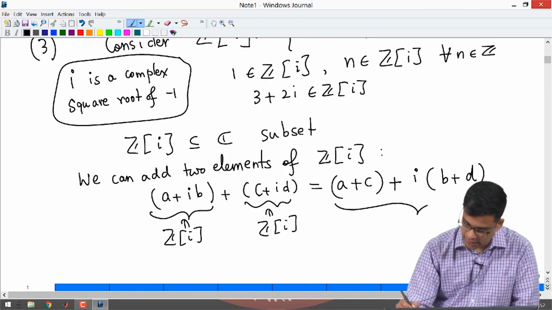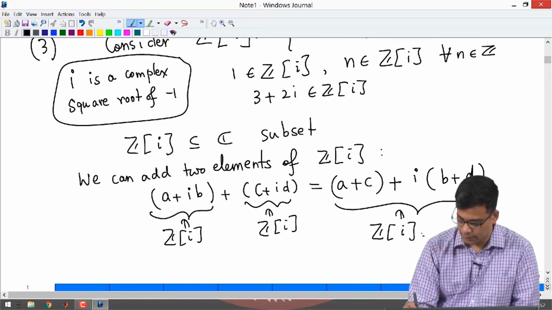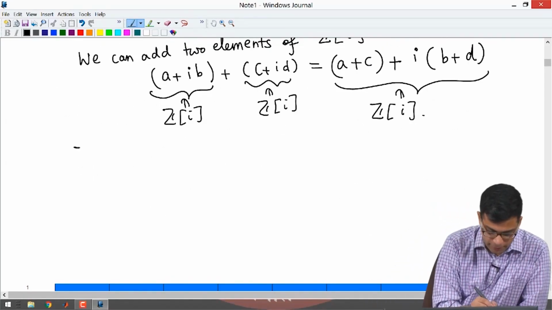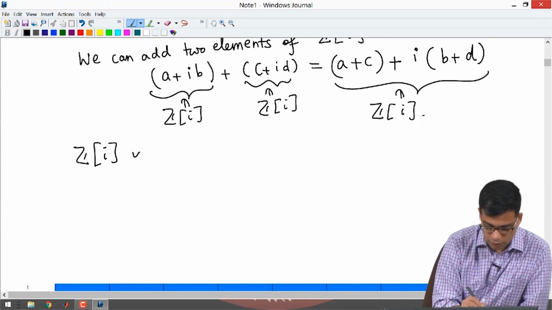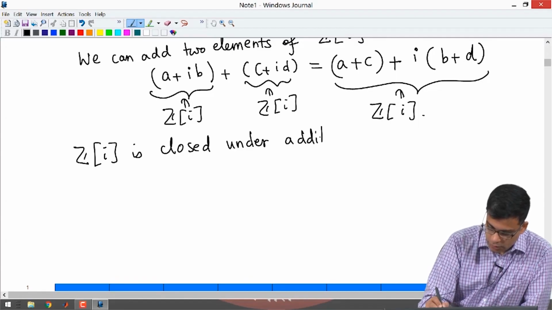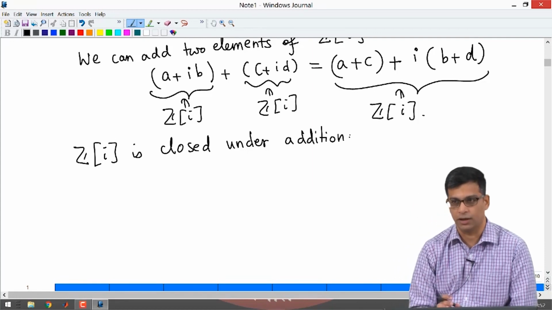So, a plus c is an integer, b plus d is an integer. So, this is also in Z[i]. In other words, what we have just shown is Z[i] is closed under addition. If you add two elements of Z[i], you get another element of Z[i].